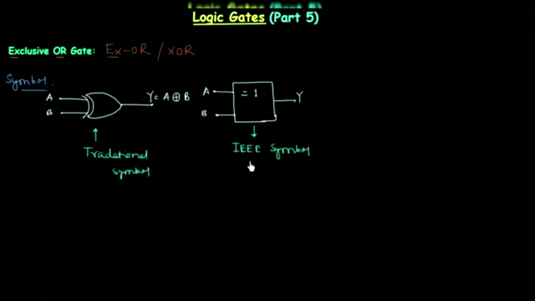So this is all for symbol of XOR gate. Now we will move to internal circuit, and first we have to find out the expansion of this A XOR B. Then we can easily find out the internal circuit for XOR gate. So next point is internal circuit.